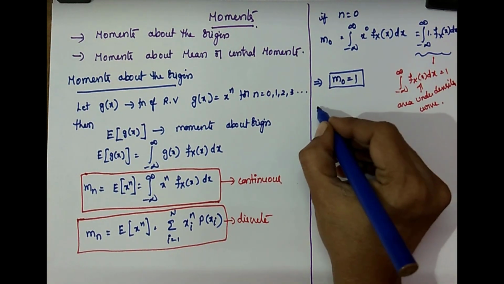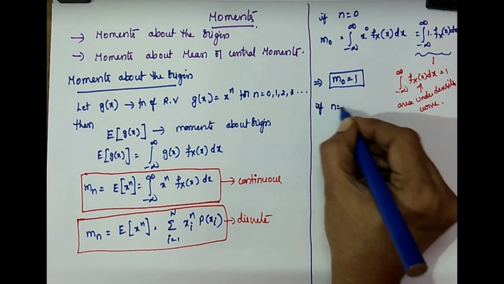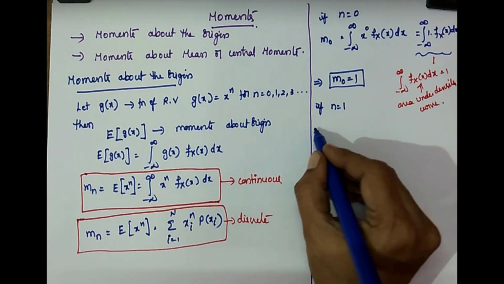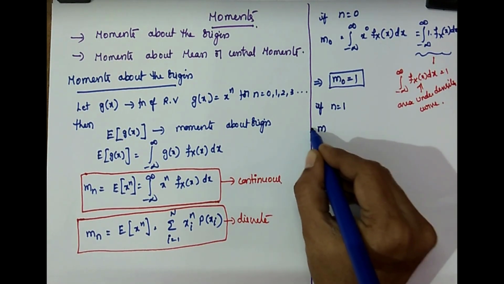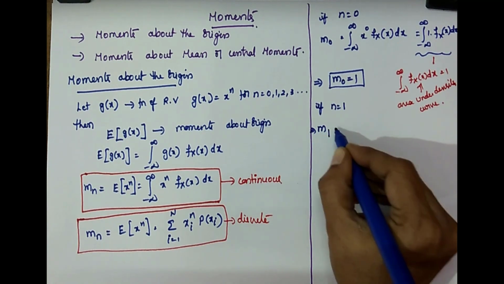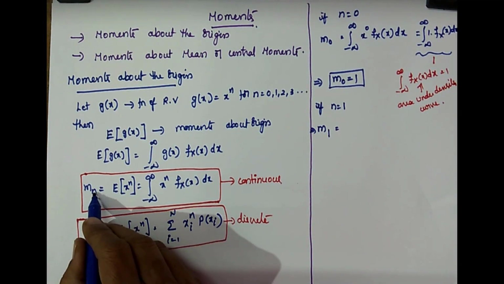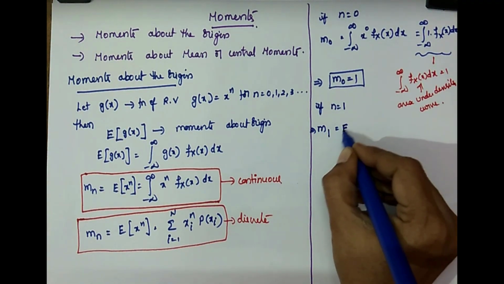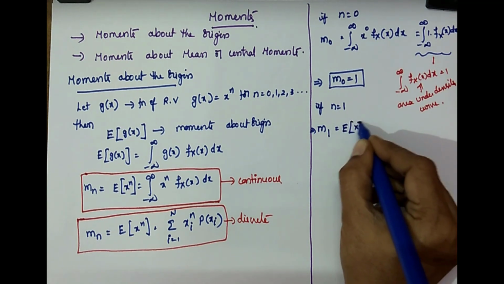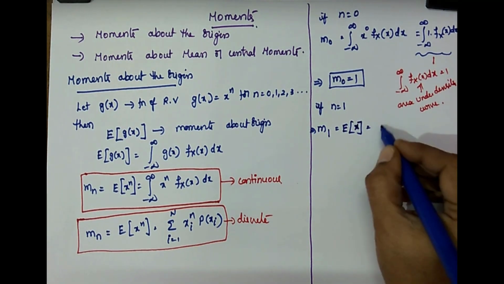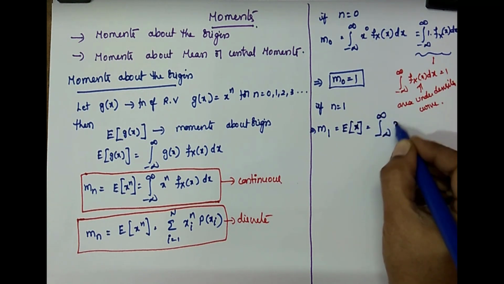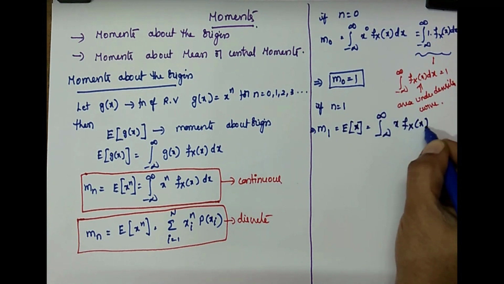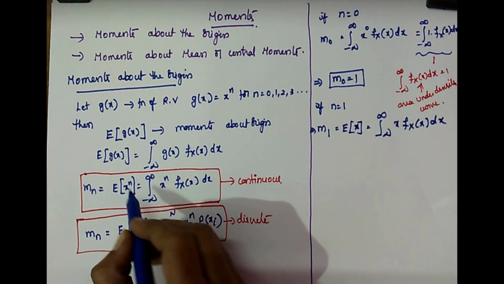Then if n equal to 1, we write m_1. Just keep 1 in the place of n. It is E of x, the integral from minus infinity to infinity of x into fX of x dx.